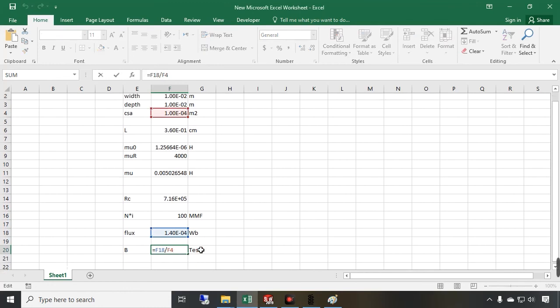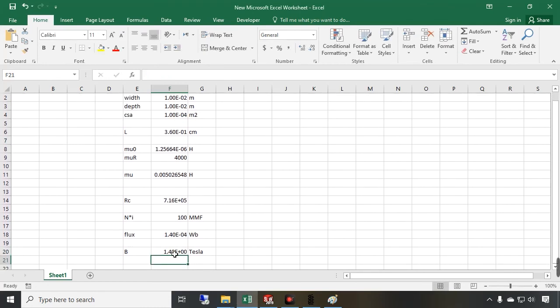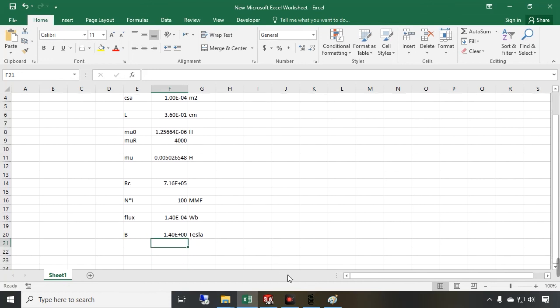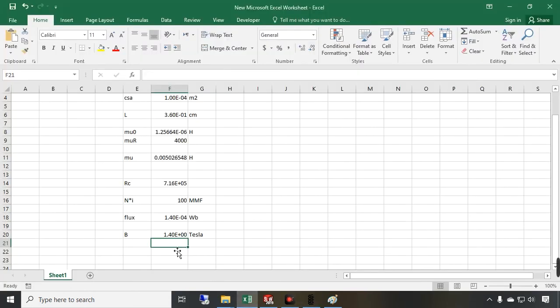So the value of B is the flux divided by this value, that is 1.4. So this is the analytic calculation, and we didn't consider the effect of leakage flux. But as you can see here, the results are close. If I click here, the value of B is 1.46 Tesla, and the value here is 1.4 Tesla.